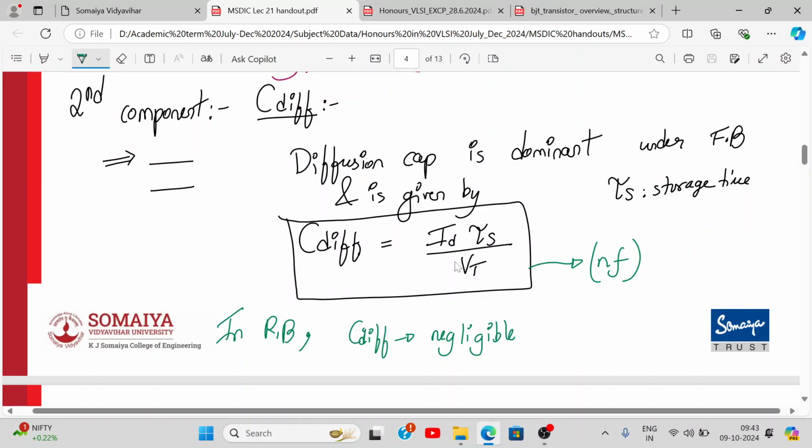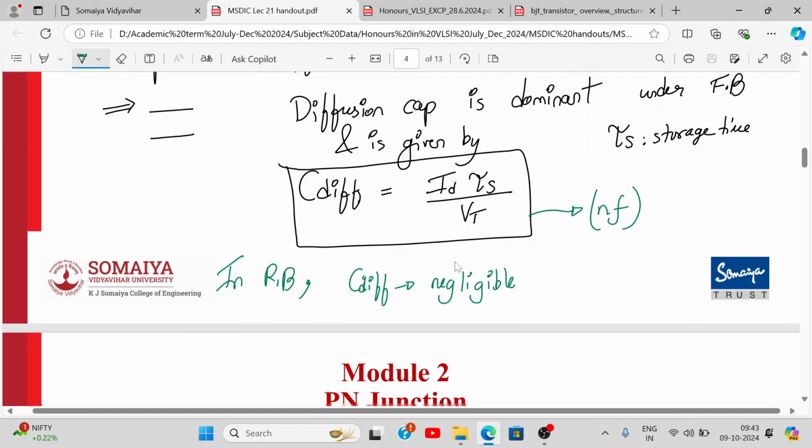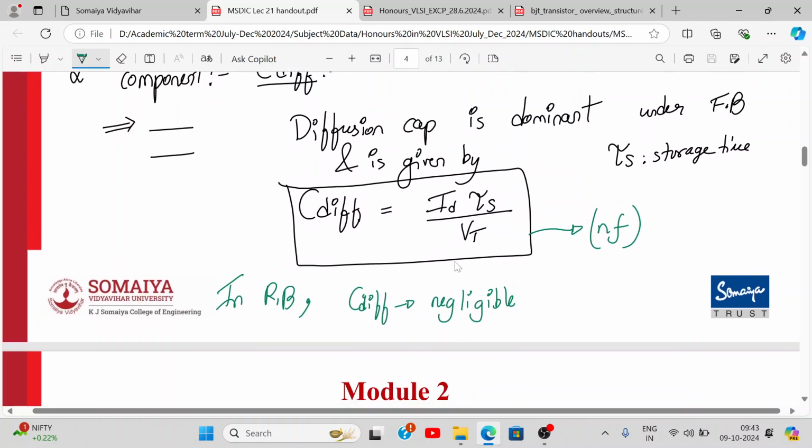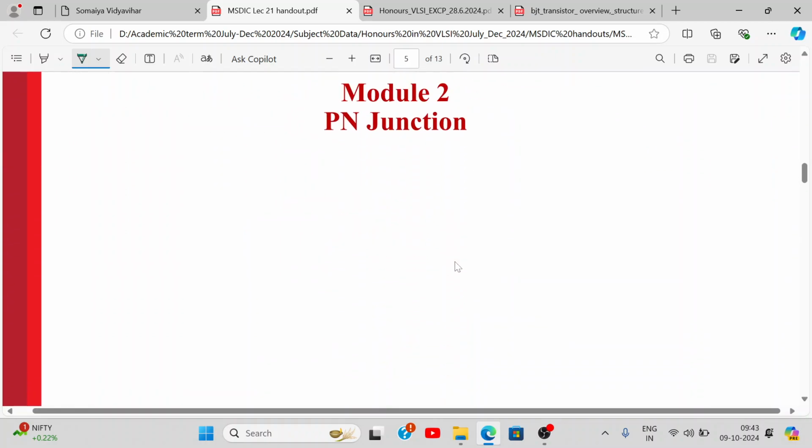Okay? Yes? Now we'll go for the third component, C_depletion. So write down depletion capacitance.